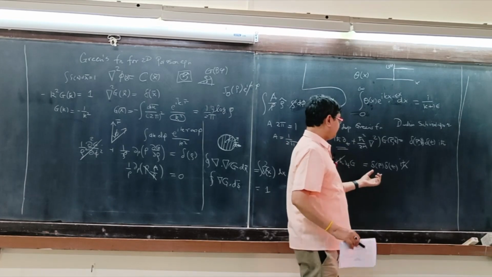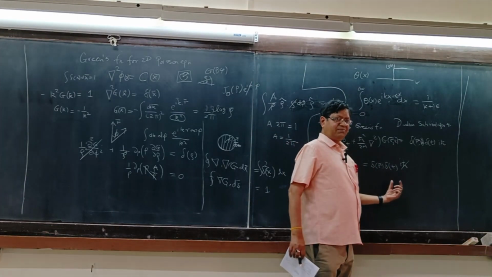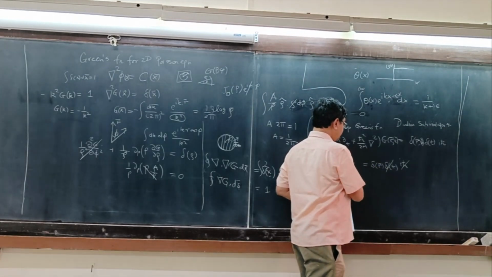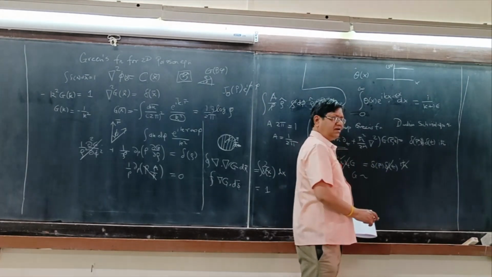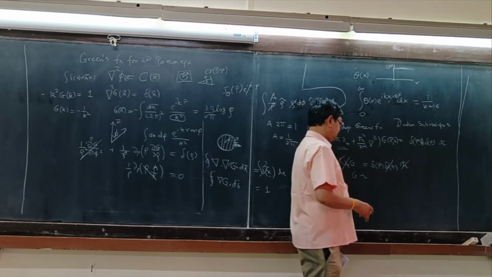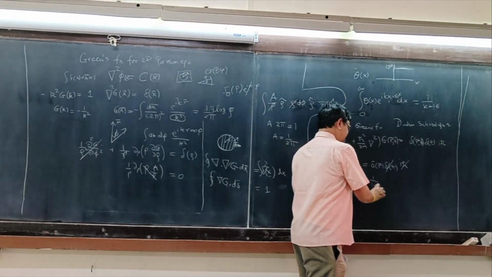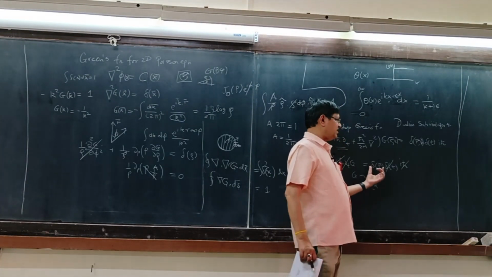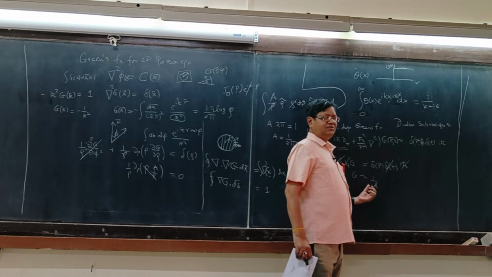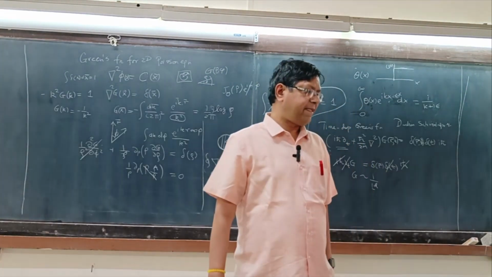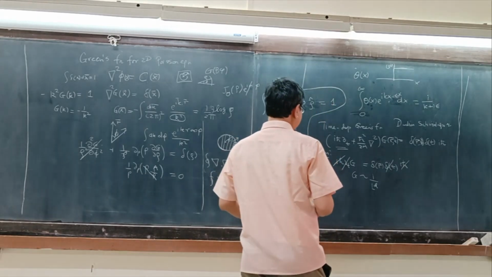So i h bar cancels. The dimension of delta t is 1 by time, so that cancels with this. So G has the dimension of delta R, which for d dimensions is L to the power d. In 3D it is L cubed, in 2D L squared. So that's the dimension in d dimensions.